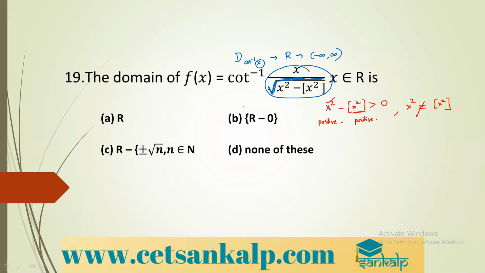This x square is positive and this term is also positive. So positive minus positive, will you get positive or not? You will get positive only if this number is larger. That means x square has to be greater than greatest integer function of x square. That is one condition.